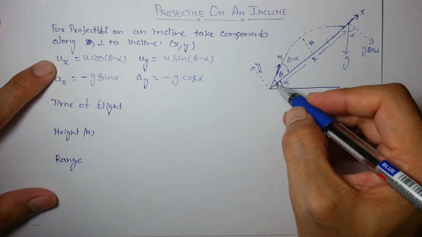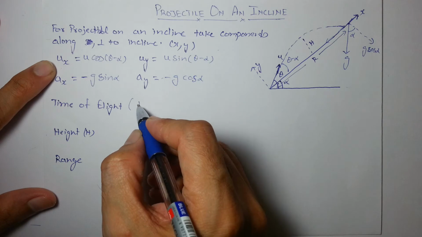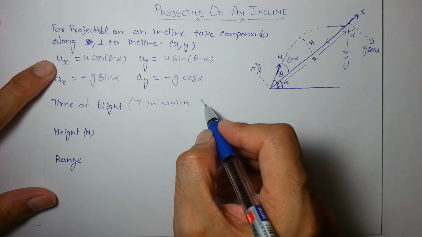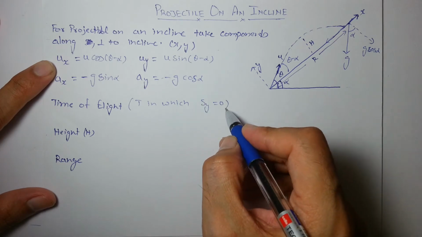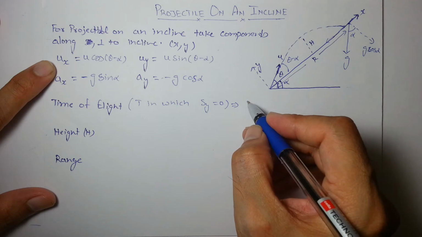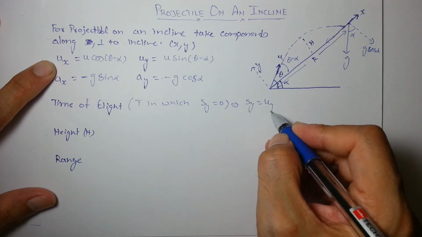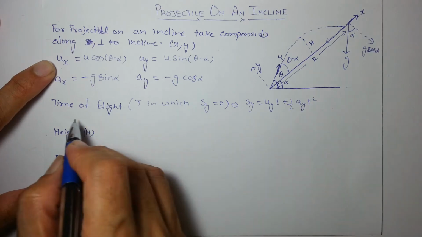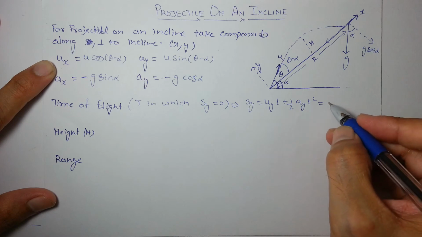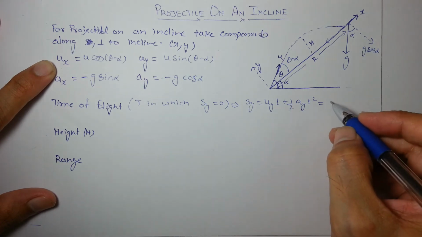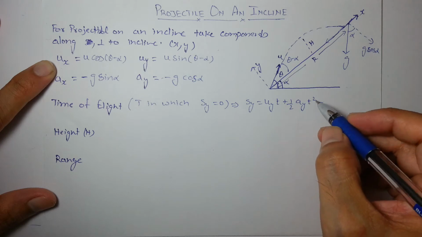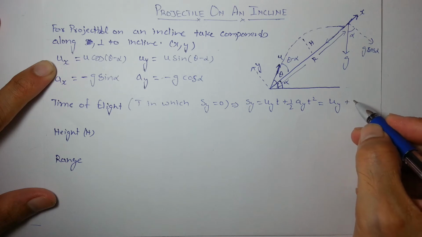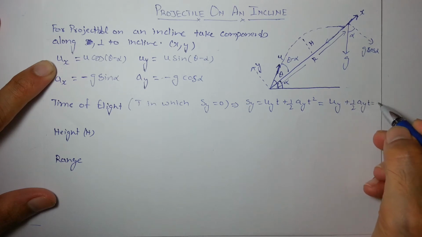What about time of flight? Time of flight is again the time in which sy becomes 0. Using the equation sy is equal to uy t plus half ay t square, we put sy as 0, and t will be cancelled, so we are left with uy plus half ay t equal to 0.